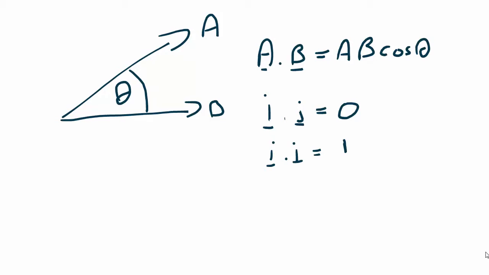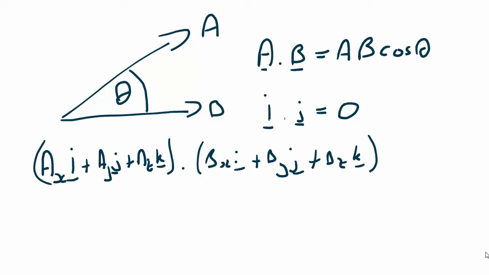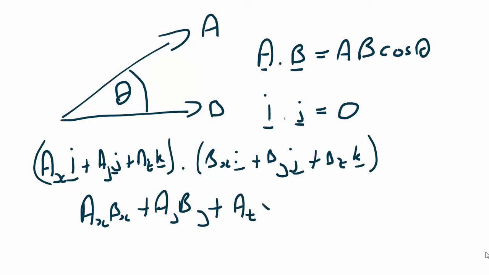How would you do that in general? Well, if you had AXi plus AYj plus AZk, and you're making a dot product with BXi plus BYj plus BZk, so this is just like in the lecture notes, you multiply them together and you'd have AX times BX plus AY times BY plus AZ times BZ.